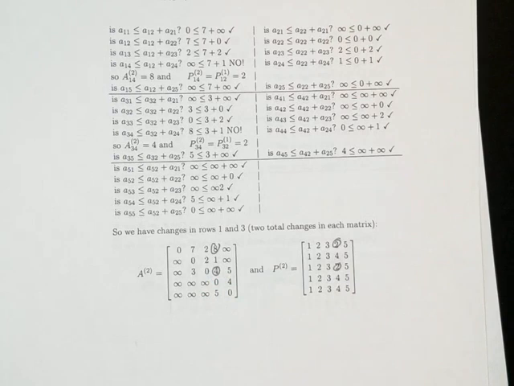Notice what changed in P. The numbers that were 4s became 2s. I'm starting to track my path. I'm better off going via vertex 2 to get to 4.